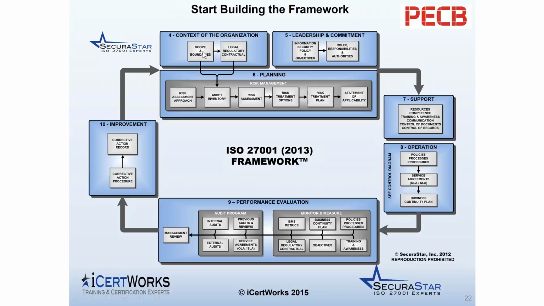You'll see here that if you get this scope wrong, the asset inventory is wrong, the risk assessment's wrong, the RTP is wrong, the statement of applicability is wrong, and so on and so forth. So the scope is one of the absolute most important things.